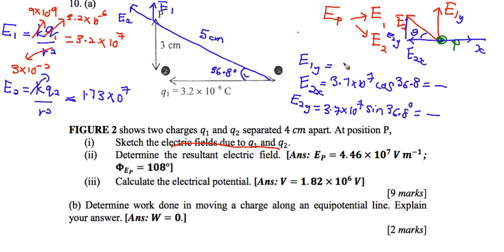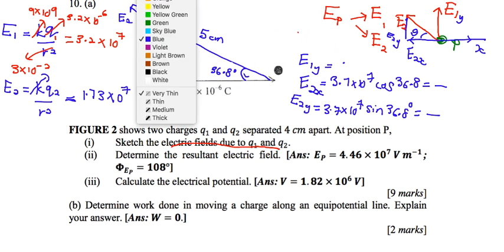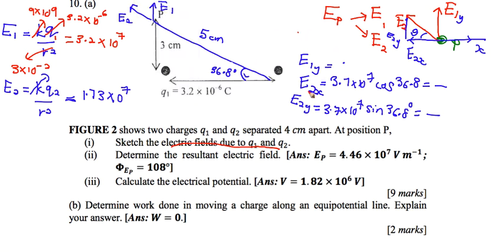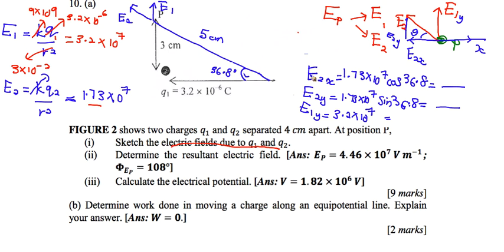This is 3.2. Sorry, we have a mistake here. E2 is 173, right? Sorry, so this is the correct value, because E2 is 173 exponent 7, but resolved to the x.